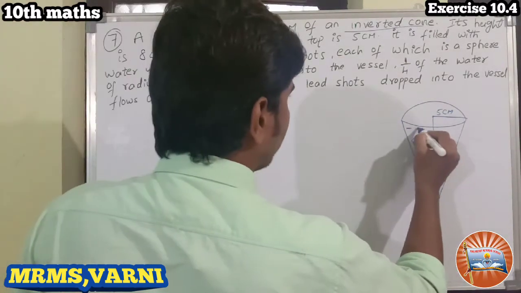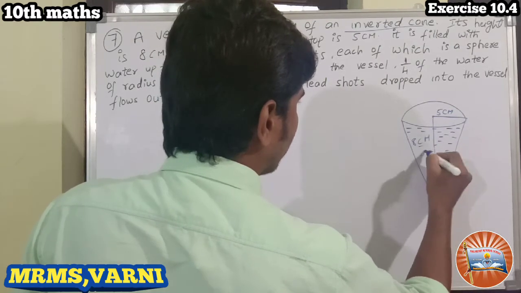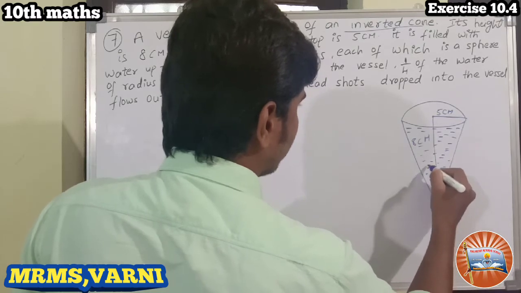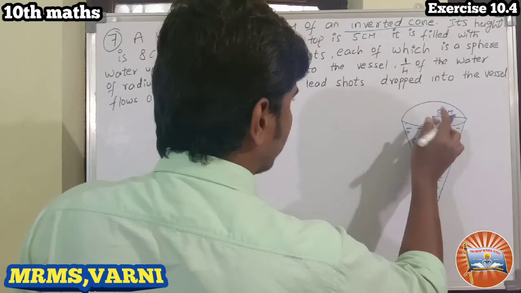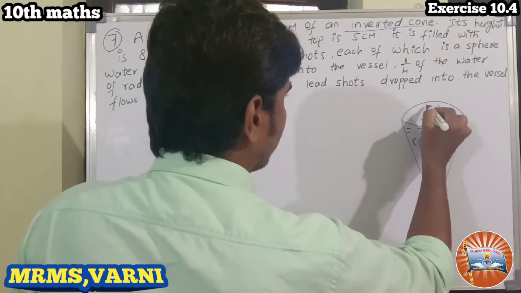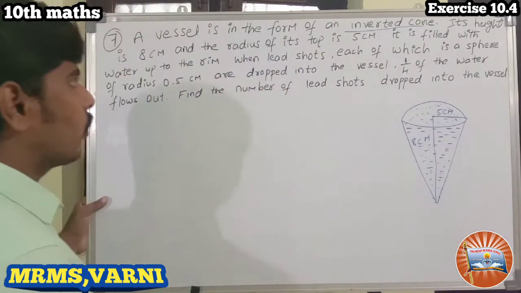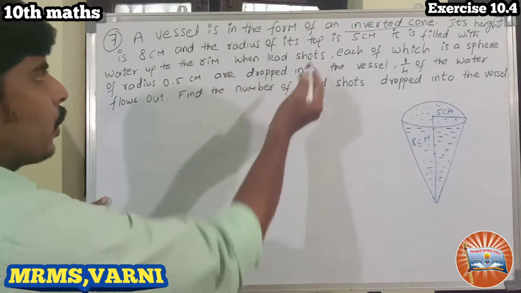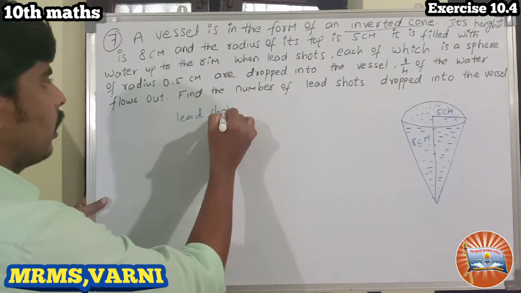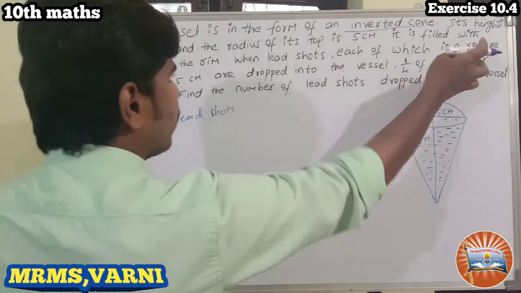It is filled with water up to the rim, means up to this top. It is full of water. When lead shots, nothing but lead balls, each of which is a sphere.